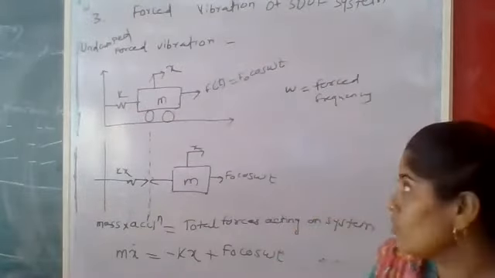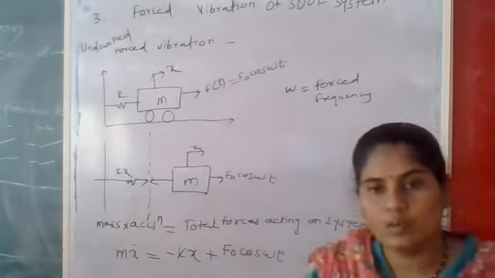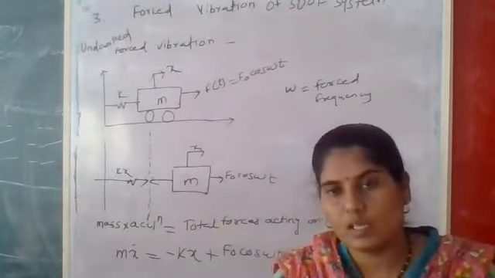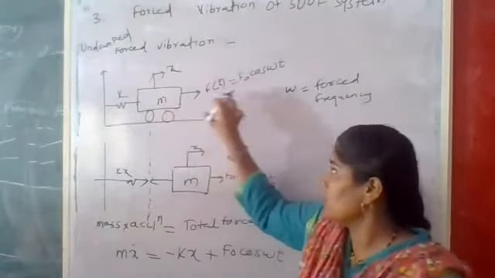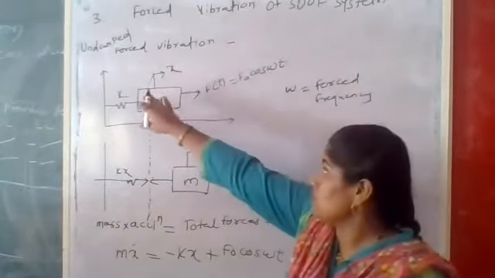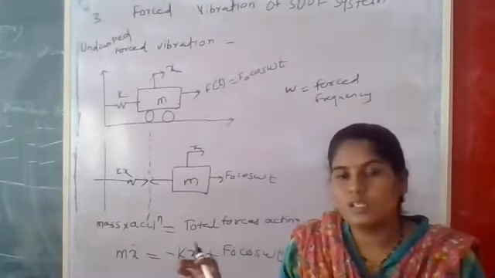In undamped forced vibration, you can see in the last diagram there was a c value, an x value, a k value, and lastly m and F of t. But this system is an undamped forced system, so in the undamped system c is equal to 0.